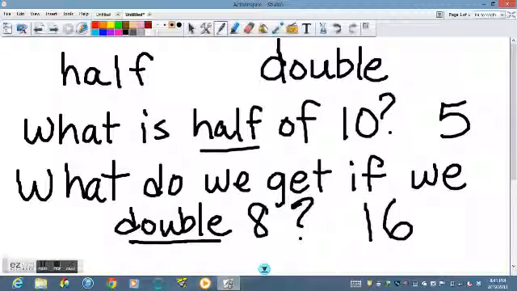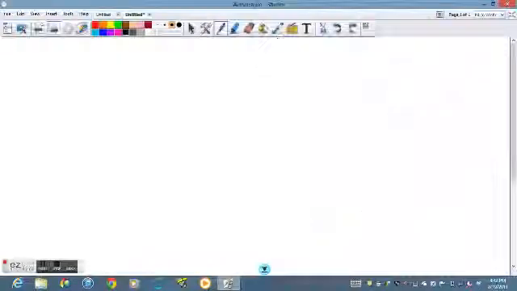Alright, so we want to know the difference between half and double and be able to calculate half of a number and also double a number. Alright, so in your homework you're going to have a chart that you have to fill in, and it's going to look something like this.